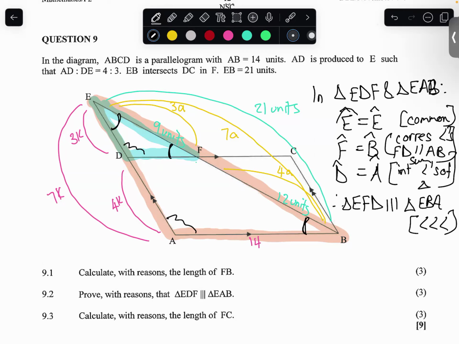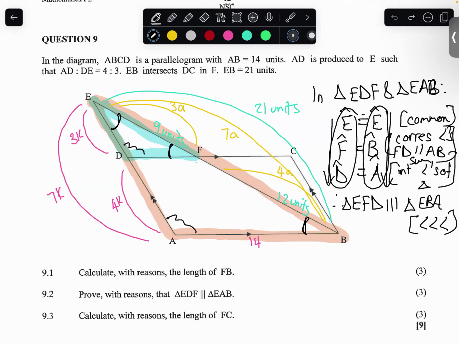Just make sure that all the blue triangle's angles are on one side, and all the orange triangle's angles are on the other side. And when you label the first one, this one must be labeled exactly the same as the first one, right? Angle wise. So you can't have EFD on one side and then swap these around. You can't do that, right?